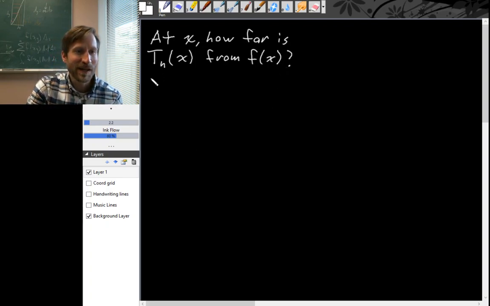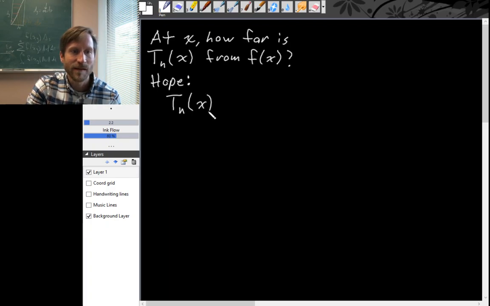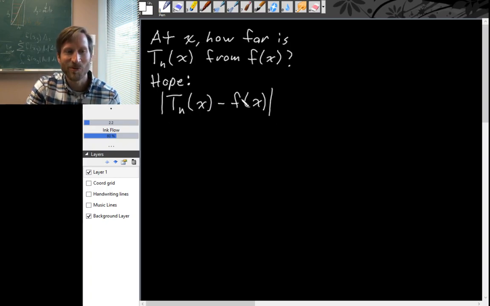Now, our hope here, secretly in the background, is that if we measure the distance between the two just by subtracting, so take this difference, and then take an absolute value because we actually don't care which is bigger, we just care about the distance between them.